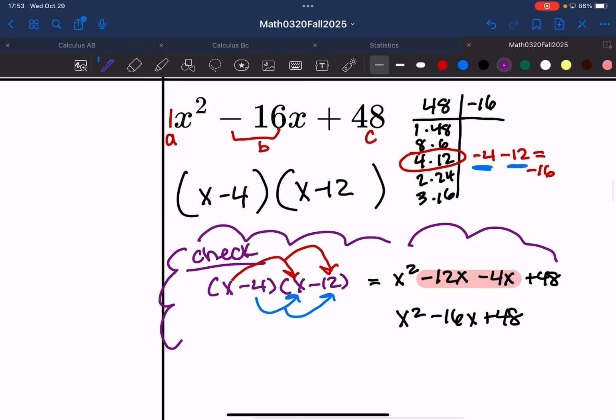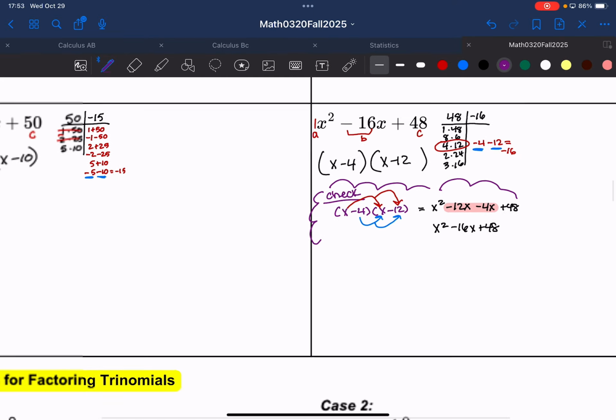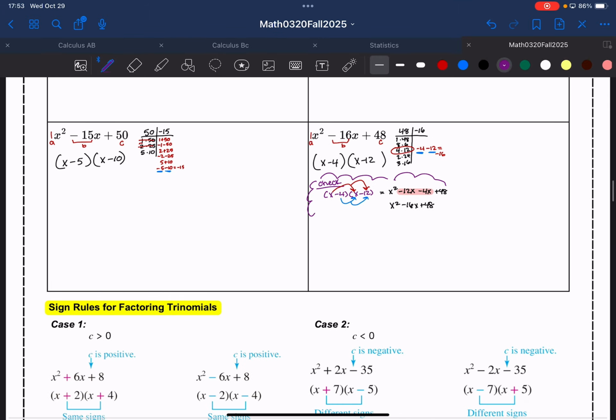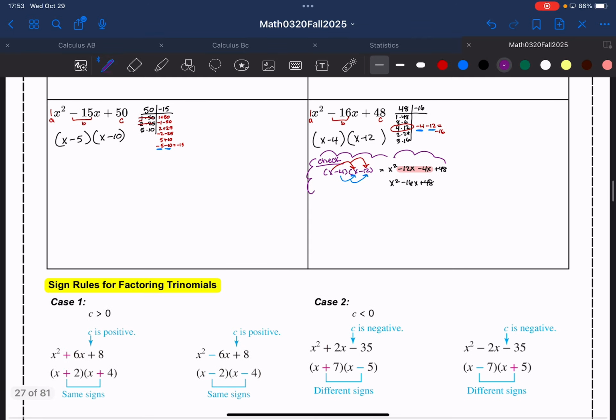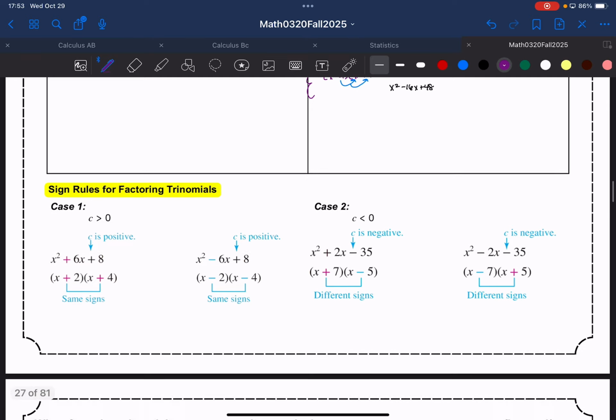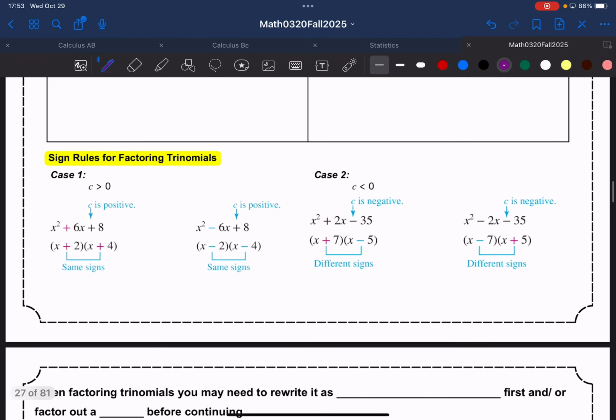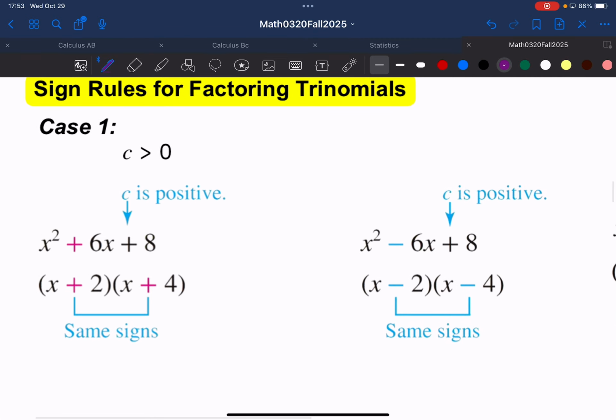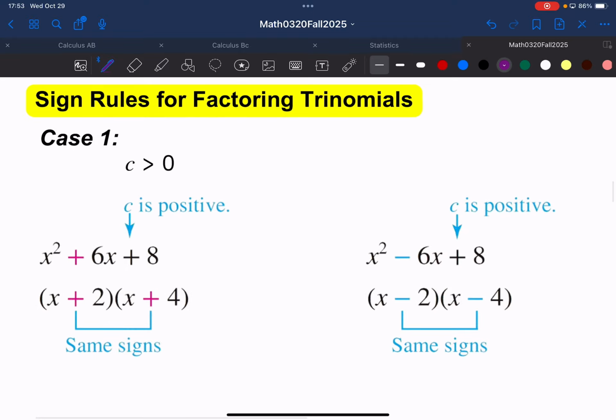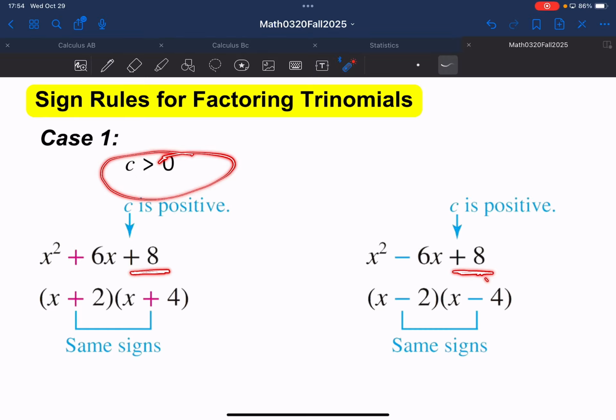Okay. So before we move on to the next part, notice at the bottom I put some rules for factoring trinomials. And you've probably noticed them as we were already doing some of these examples. So the first rule is when c is greater than 0. What that means is that last value at the very end is a positive value.